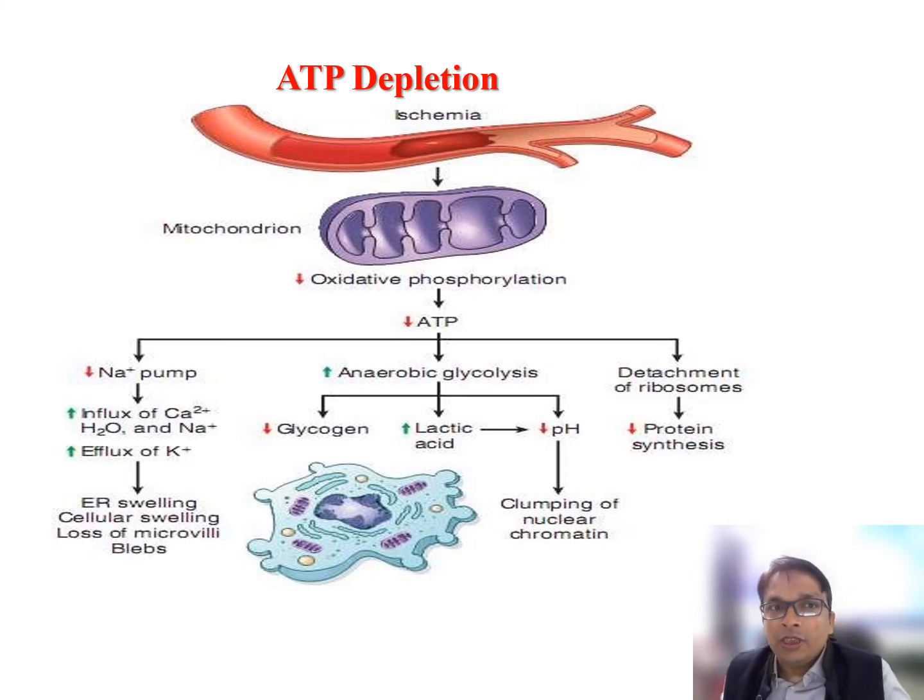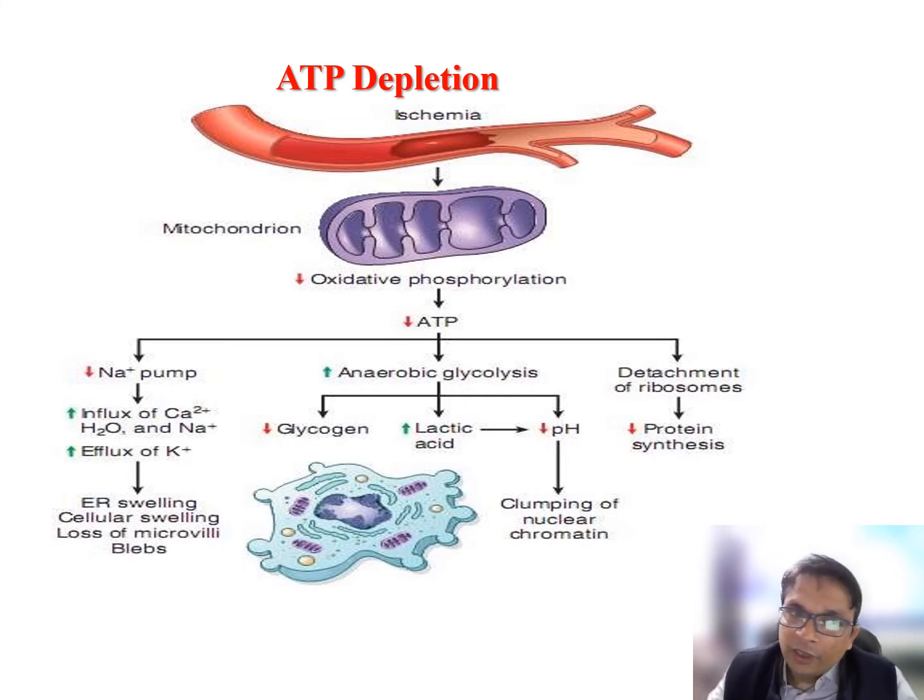So what will happen? There will be more influx of calcium. There is also more influx of sodium. Sodium, remember one thing, will always draw more amount of water, which results in cell swelling, edema.